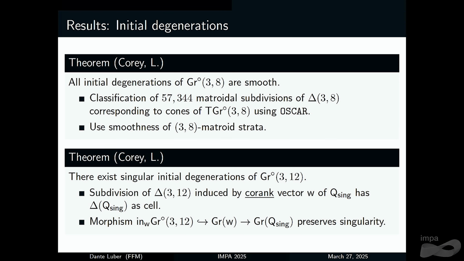We sorted those matroid subdivisions into 6 classes, and then proved that for each of the combinatorial types, the corresponding inverse limit is smooth, and that there's an isomorphism from the initial degeneration to that inverse limit. But in doing that, we had to prove that all of the 3,8 matroid strata are smooth, because those are the things that correspond to the cells of our subdivision.